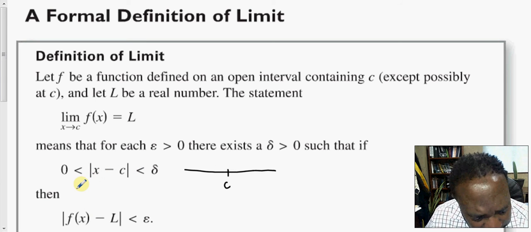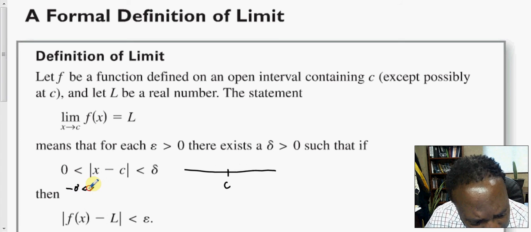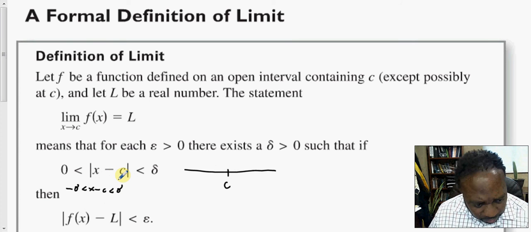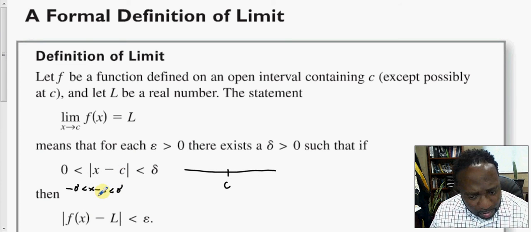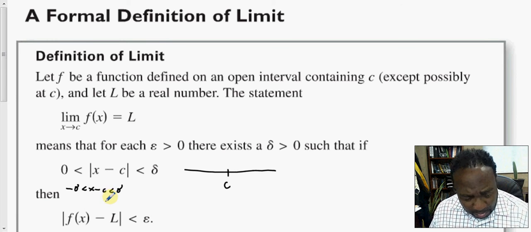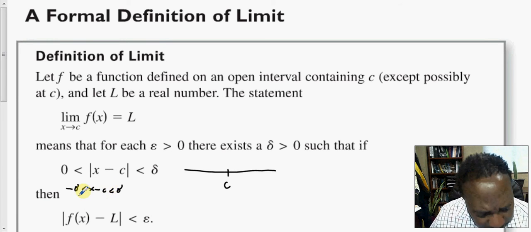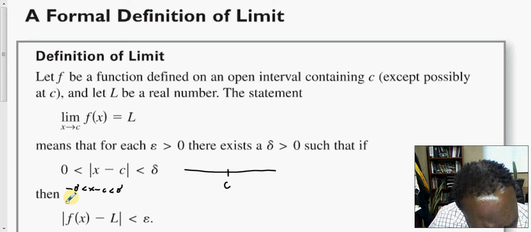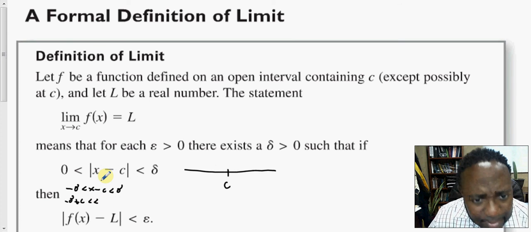If you take that, we can expand that to mean negative delta less than x minus c less than delta. And if we take this value for c, and if you excuse me, add that throughout, then we have negative delta plus c less than x.